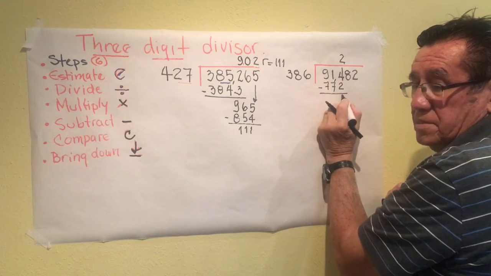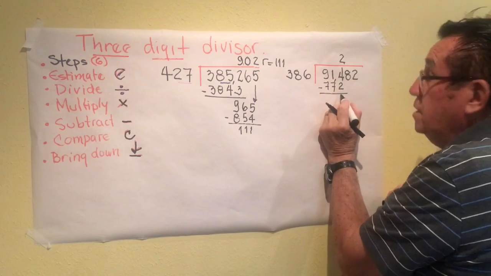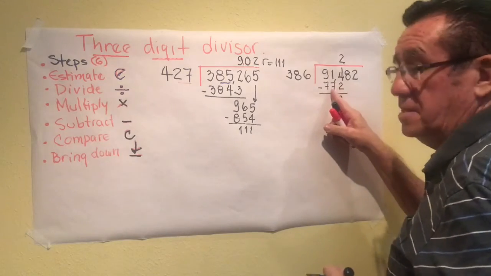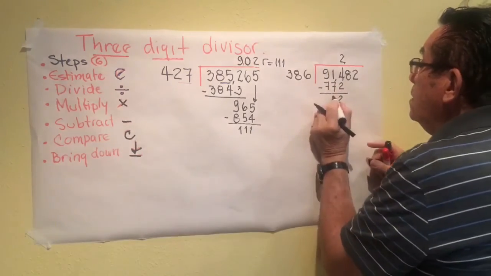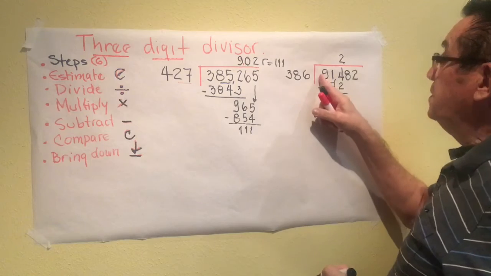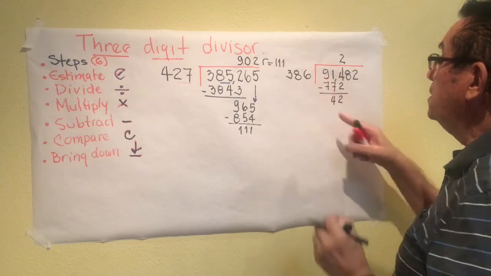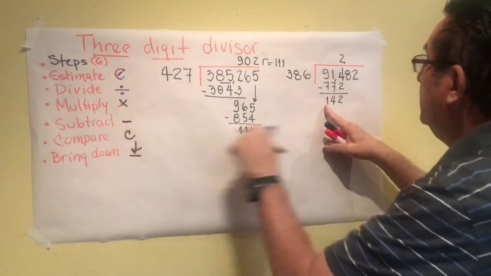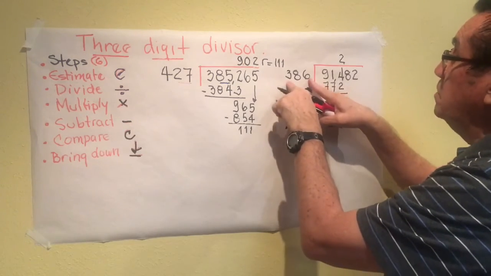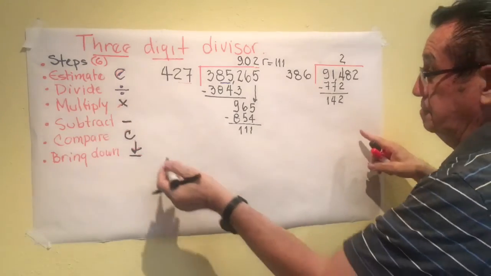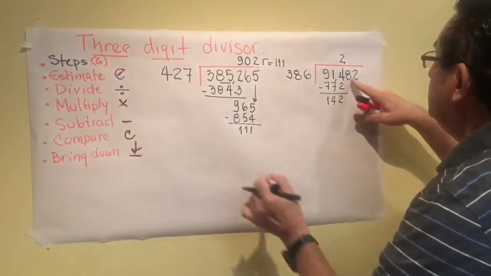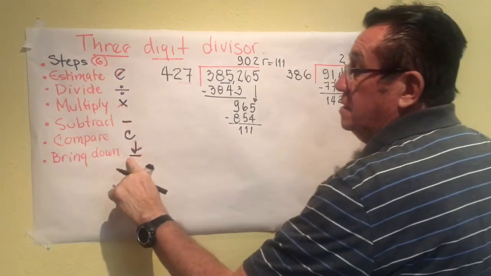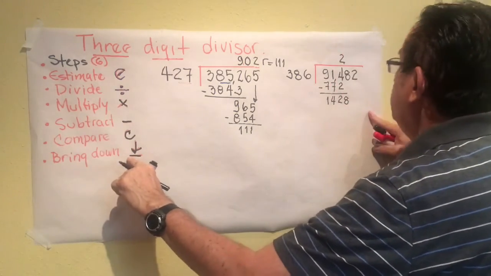I subtract 4 from 2 is 2. 11 minus 7 is 4. This becomes 8 minus 7 is 1. And I check, I compare. This number is smaller than this one, so I can go on to bring down the next number, which will be 8.